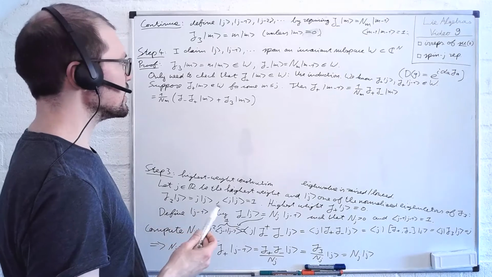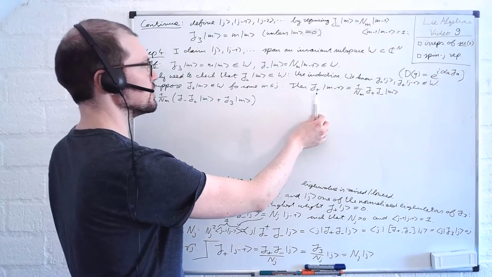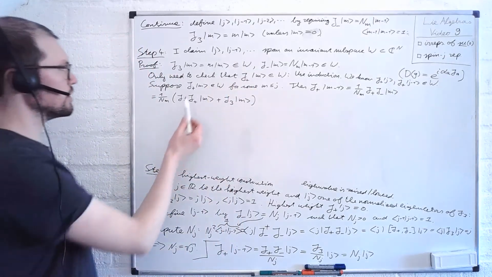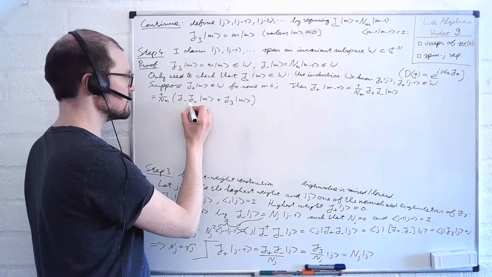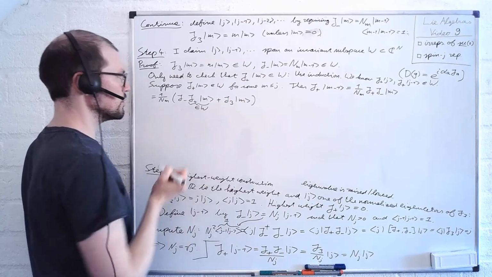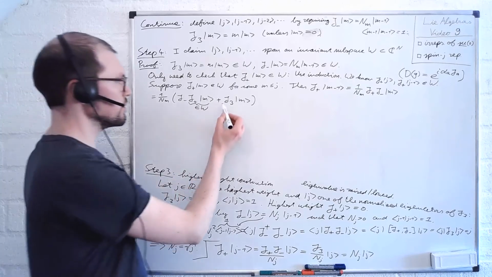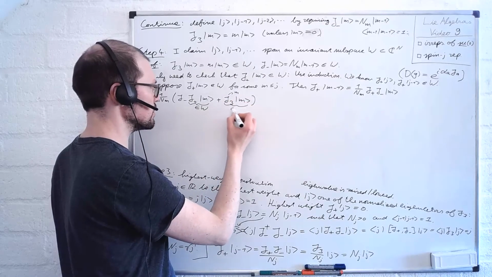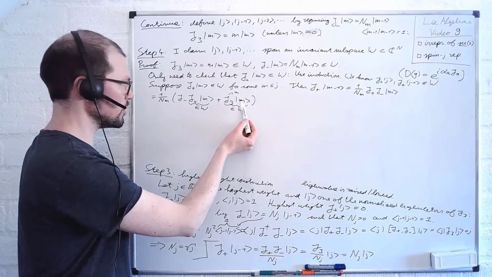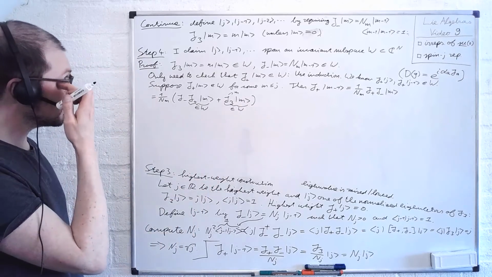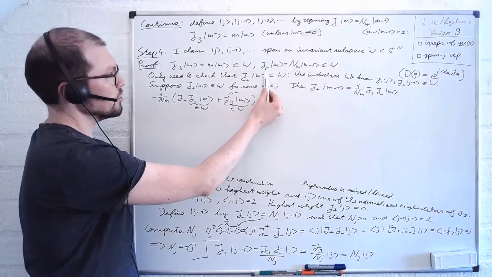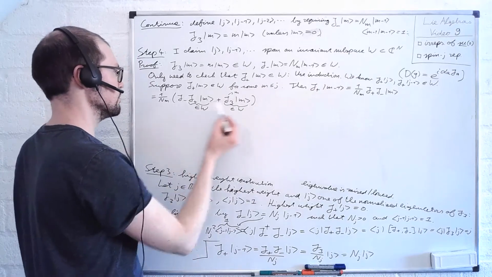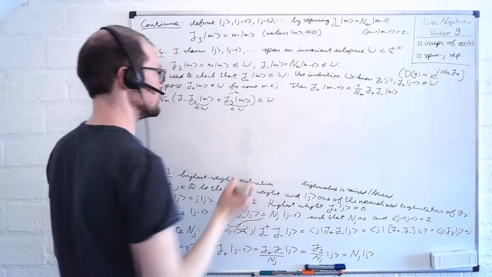Now we want to make sure that this is a linear combination of these states. We already know by our induction hypothesis that this will be in W. This other term is just an eigenvalue, so it's certainly a multiple of m itself. But we also knew that J minus preserves this linear space, so this whole thing is indeed going to be in W.